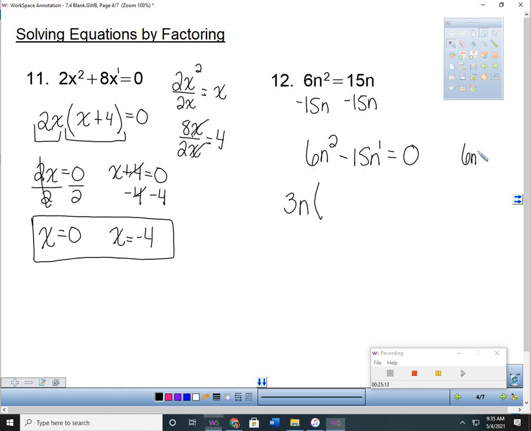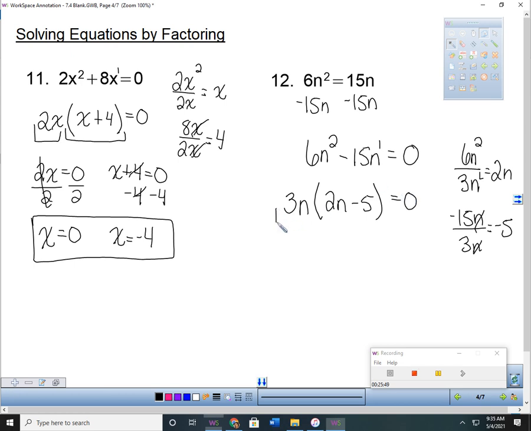So I have 6n squared divided by 3n. 6 divided by 3 is 2, and n squared divided by n to the first is n. And then we do the same thing with our negative 15n. Make sure you take that sign with it. So negative 15n divided by 3n. Negative 15 divided by 3 is negative 5, and then my n's cancel. And then I have my equals 0.